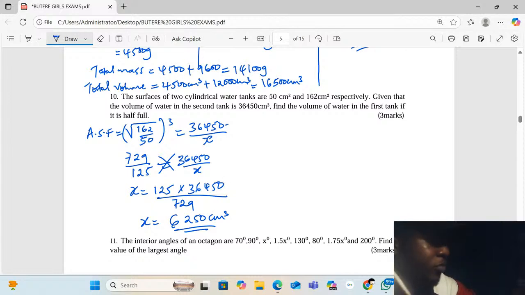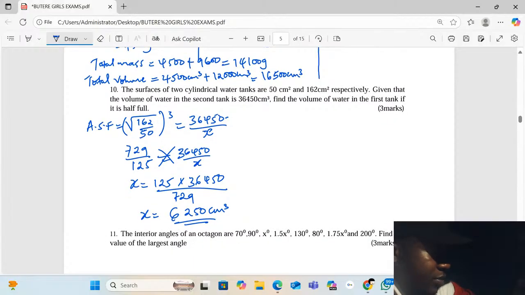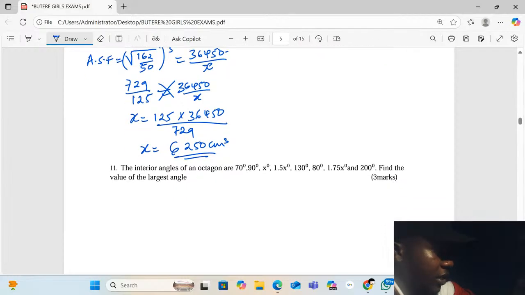So this is the volume of the water in the first tank if it is half full. So this is how we do it. That's simple.